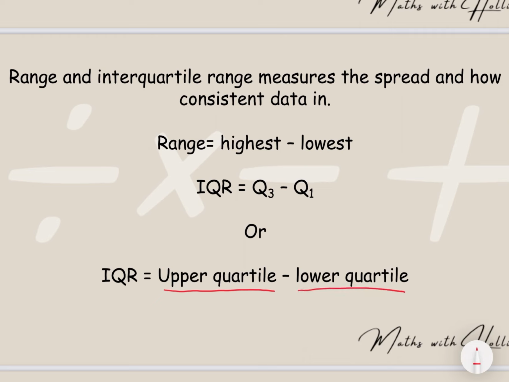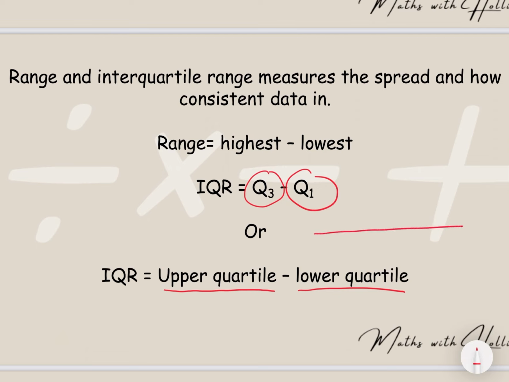That just means if you have your numbers in order, you would take the number that is a quarter of the way up, and we call that quartile 1, and then you would take the number that is 3/4 of the way up the data, we'll call that quartile 3, and then you would subtract them, and that will give you the middle 50%.